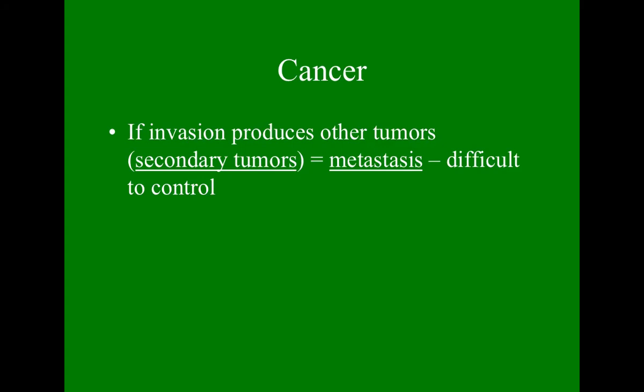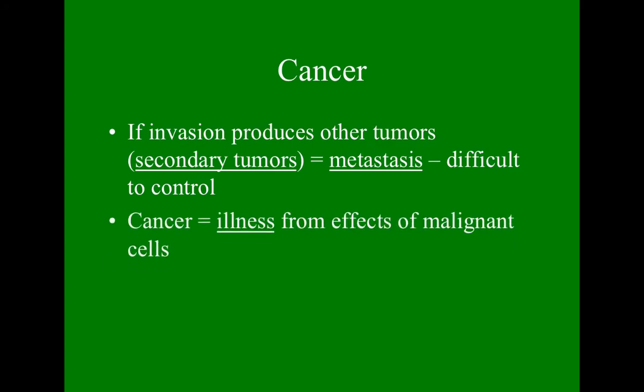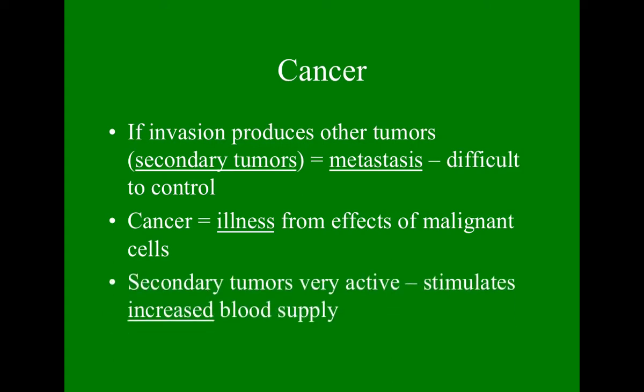So when we talk about cancer, what we're actually talking about is the illness that results because of the effects of the malignant cells. These tumors, especially the malignant ones, are very metabolically active. They basically hijack your blood supply. They actually cause blood vessels to come and give them a really rich supply of blood, so they have all the nutrients that they need, and their waste products are being removed.